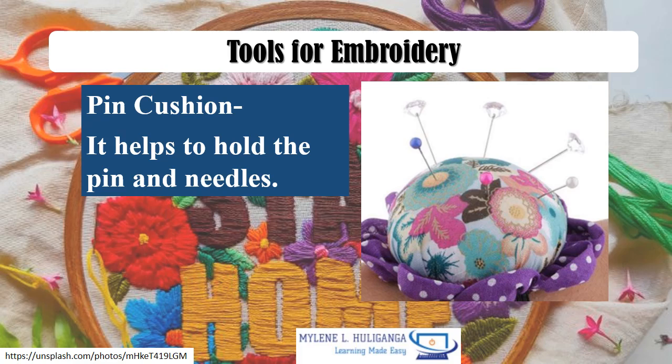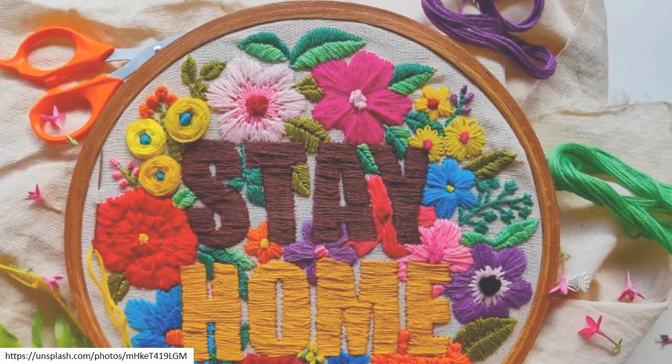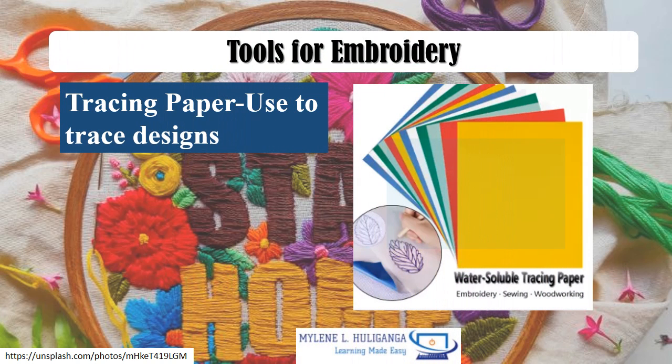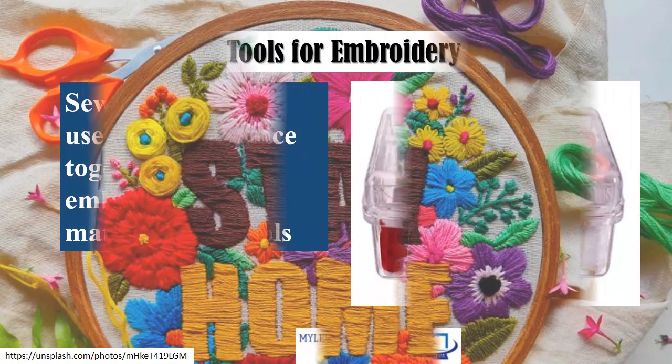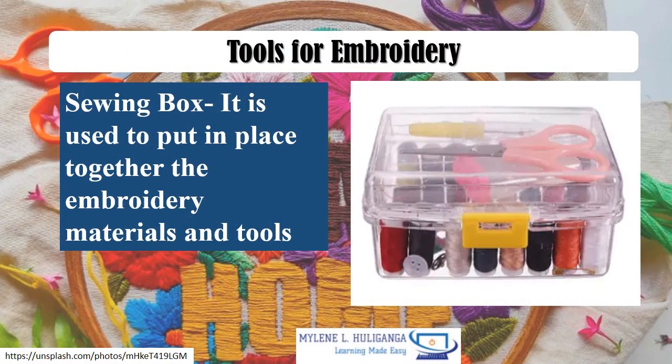Pin cushion. It helps to hold the pins and needles. Tracing paper. It is used to trace designs. Sewing box. It is used to put together in place the embroidery materials and tools.